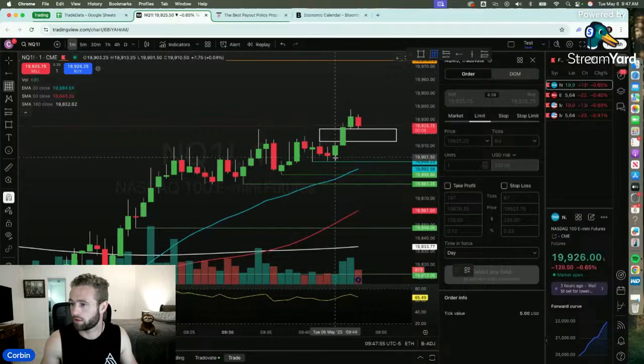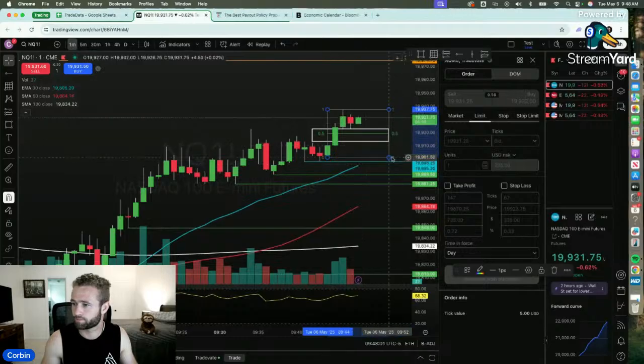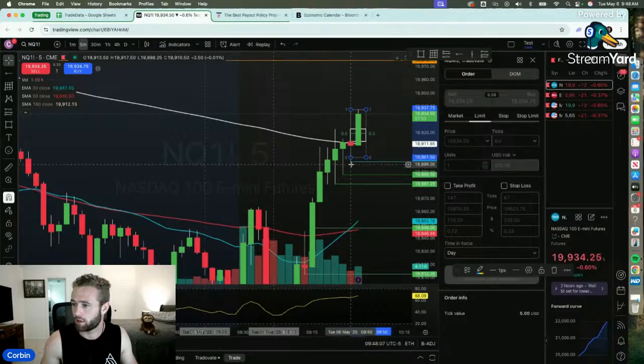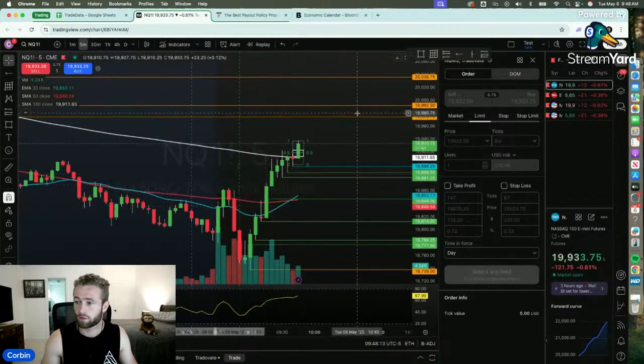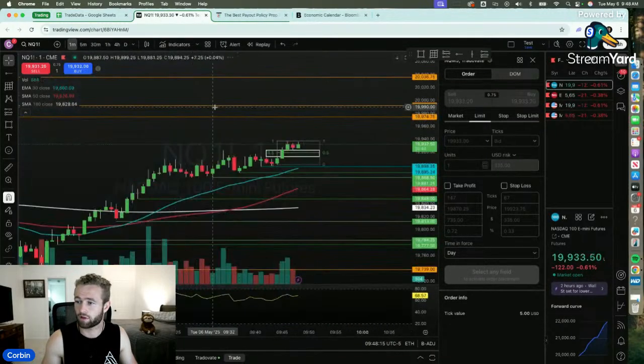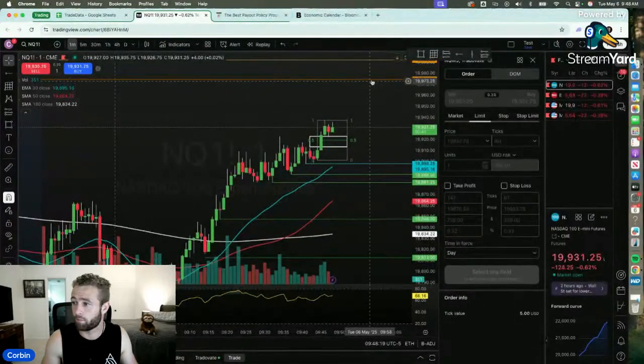Where could we get an entry? Anything below equilibrium? Five-day, 5-minute. We won't have a break of structure on 5-day, 5-minute unless it gets back down to these levels. Trend is in our favor. So I would like to find an entry to go long up to these levels here.